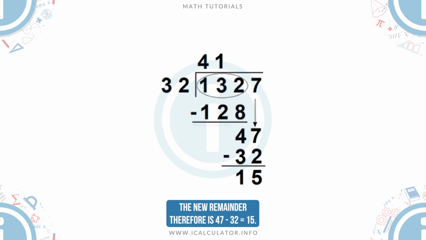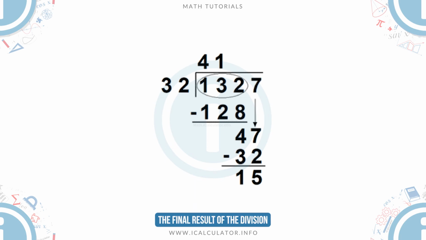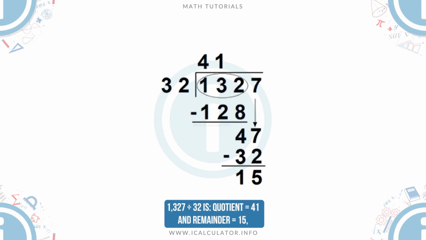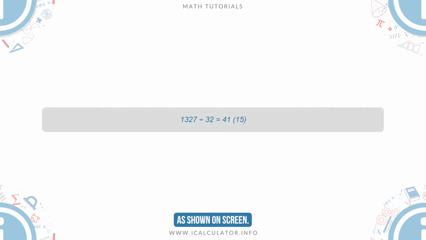The new remainder therefore is 47 minus 32 equals 15. At this point, we have no more numbers to continue the procedure, so the final result of the division 1327 divided by 32 is quotient equals 41 and remainder equals 15, as shown on screen.